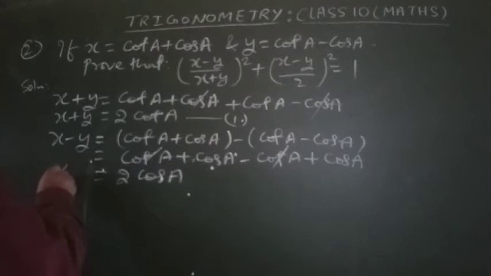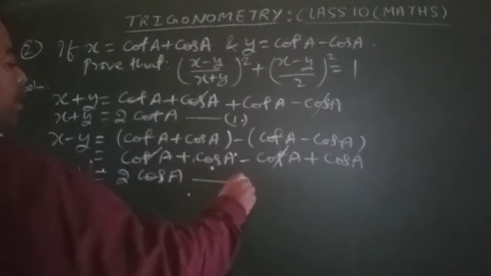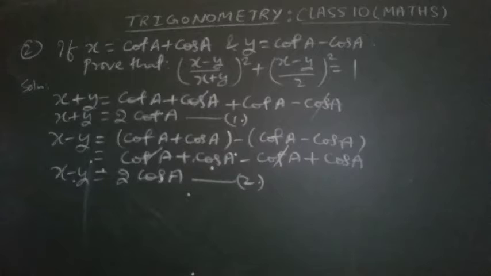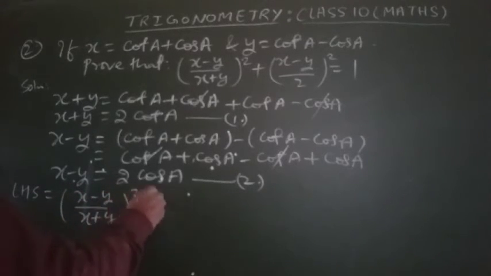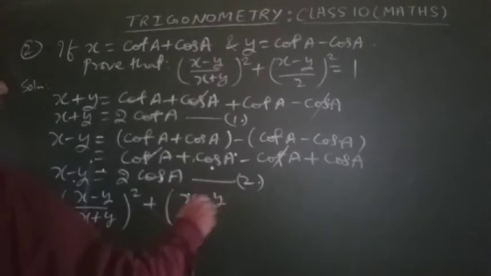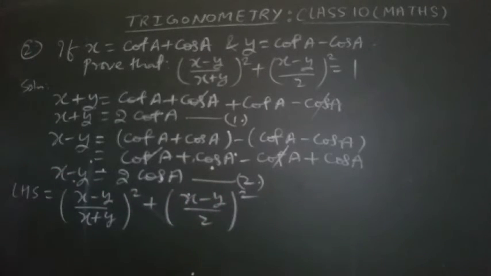Now what do we have to do? We have to prove the value of this. What is the value? LHS. LHS is (x minus y by x plus y) whole square plus (x minus y by 2) whole square. Clear?